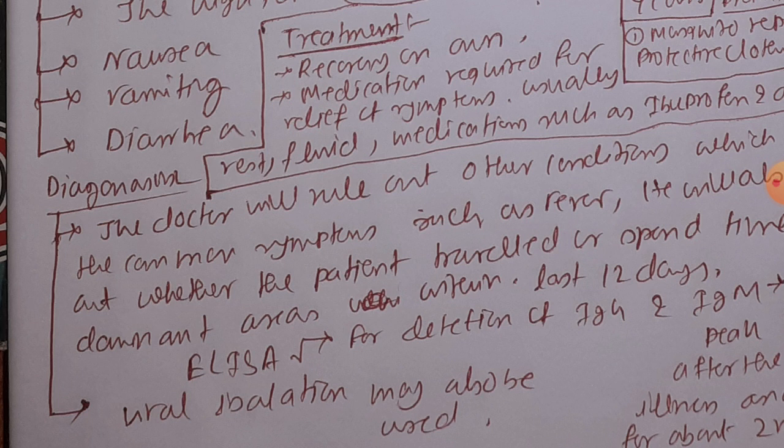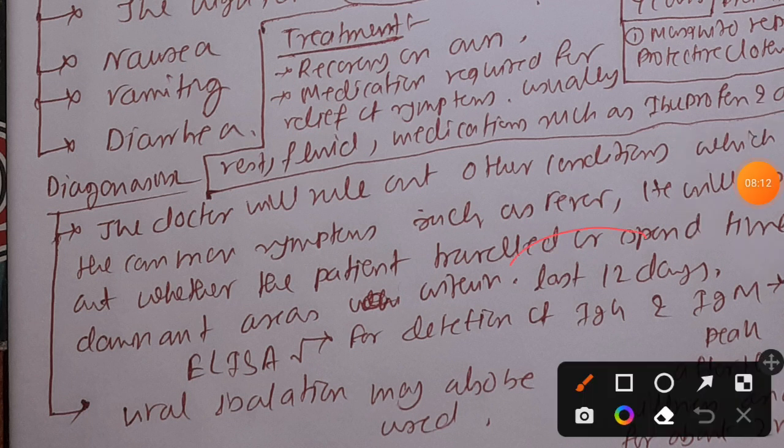And he or she also has to find out whether the patient has traveled to or spent some time in an area where the virus is predominant, within the last 12 days. Why the last 12 days? Because I have told you the incubation period is 12 days. If it is a chikungunya virus infection, then the symptoms will start showing after up to 12 days, right?